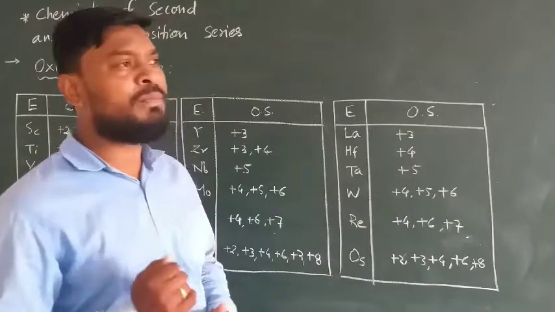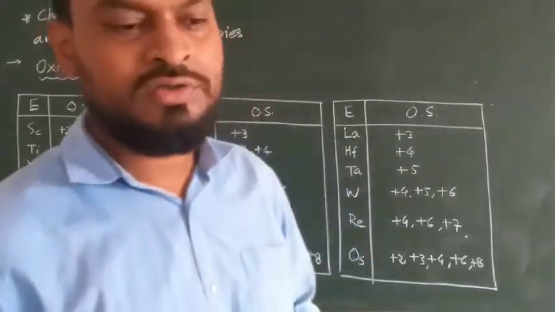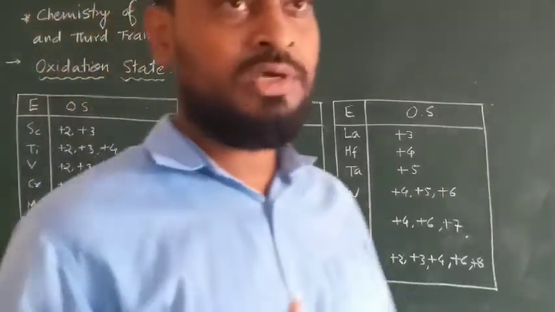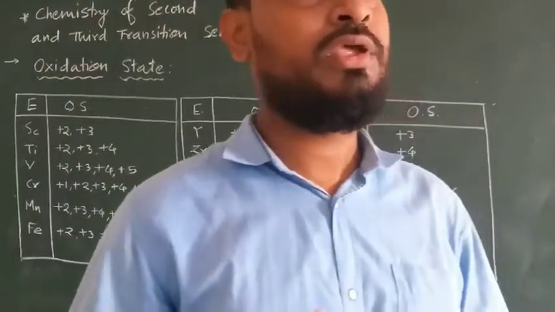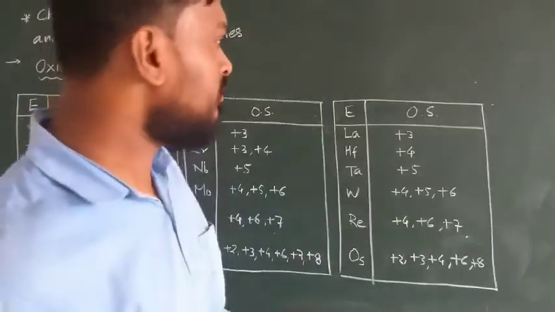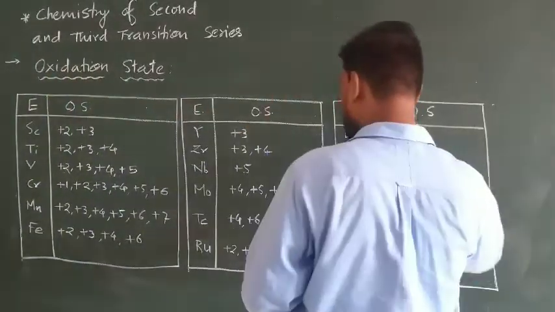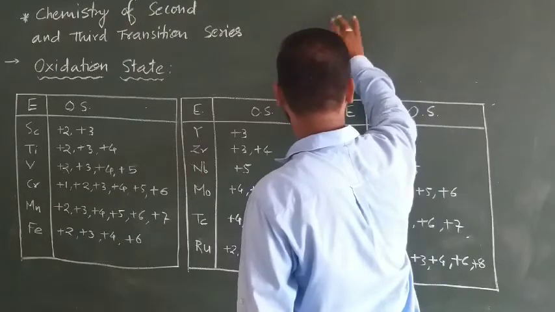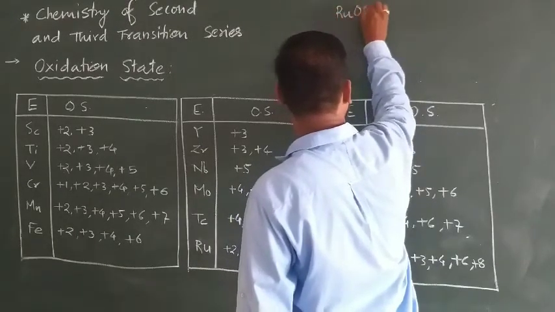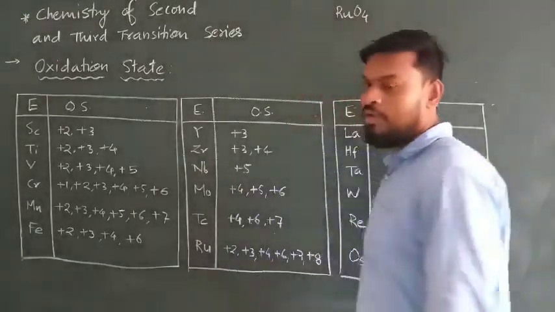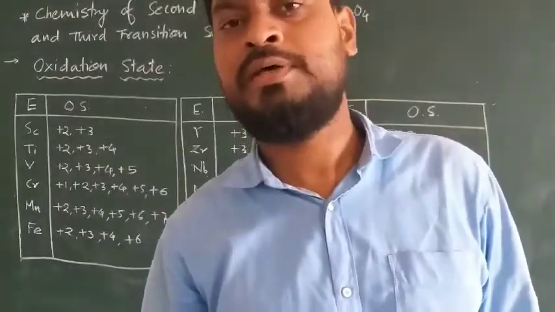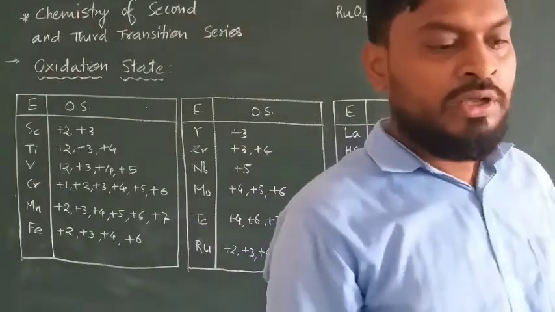In which compounds? For example, for ruthenium we can write ruthenium tetroxide, RuO4. In this case ruthenium shows the +8 oxidation state.